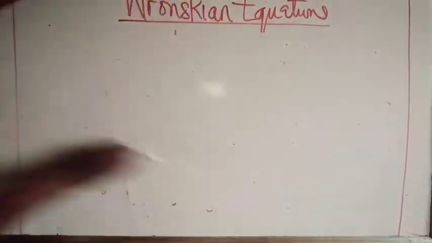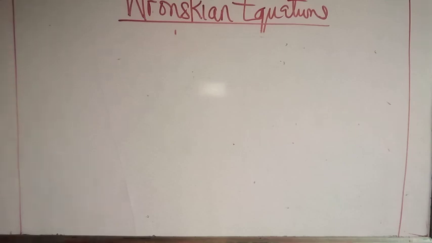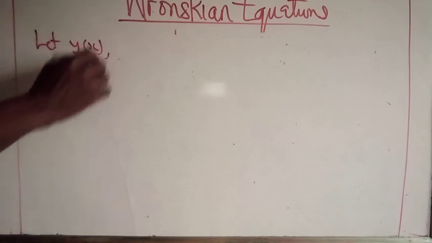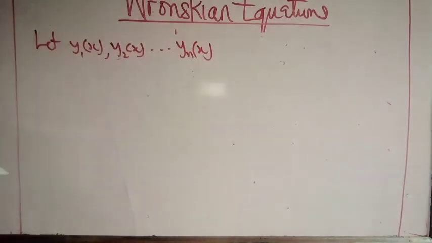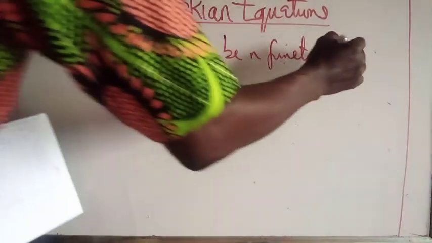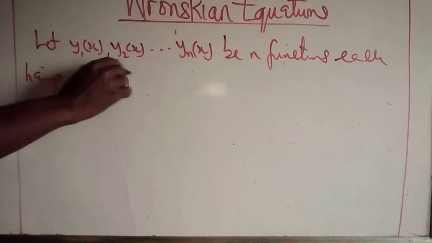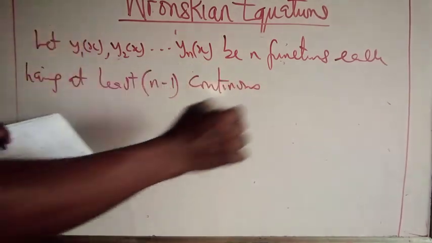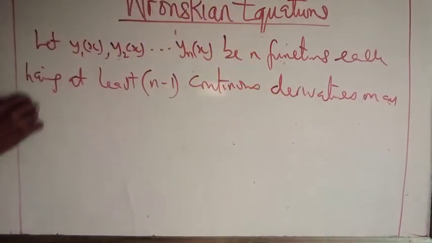Let's say y1 of x, y2 of x till yn of x be a set of n functions, each having at least n minus 1 continuous derivatives on an interval I.